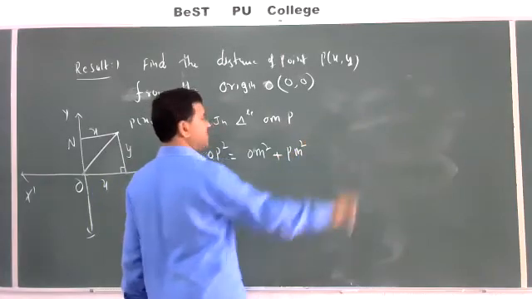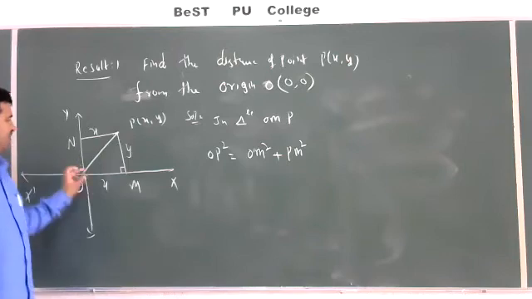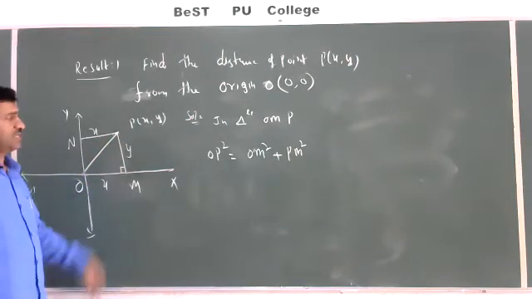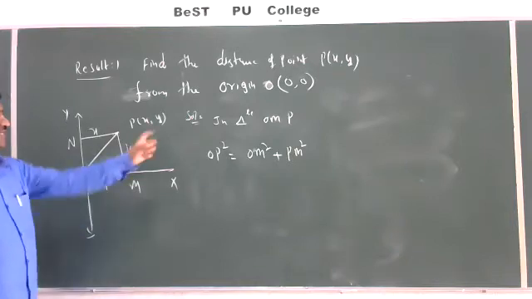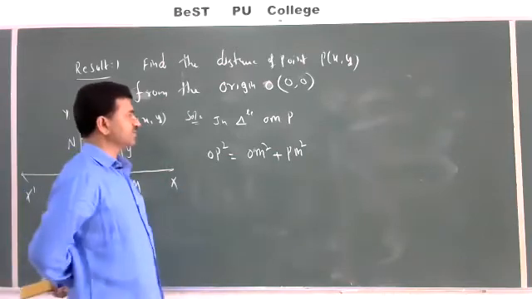In brackets write by Pythagoras theorem. See this one: in a right angle triangle always hypotenuse square is equal to side square plus other side square. We applied that Pythagoras theorem. In brackets write that one, Pythagoras theorem.